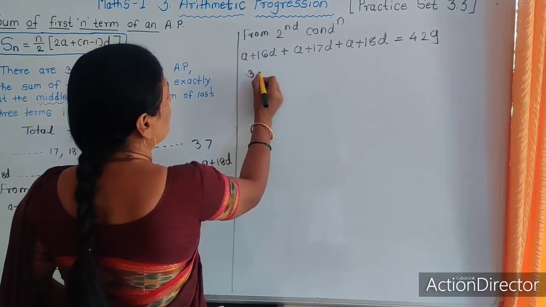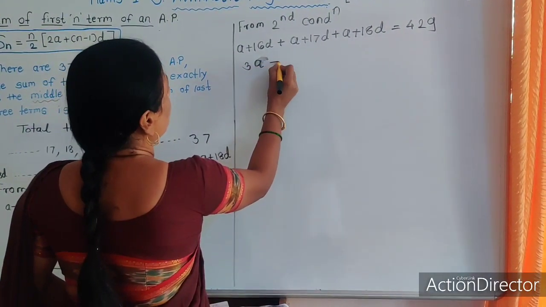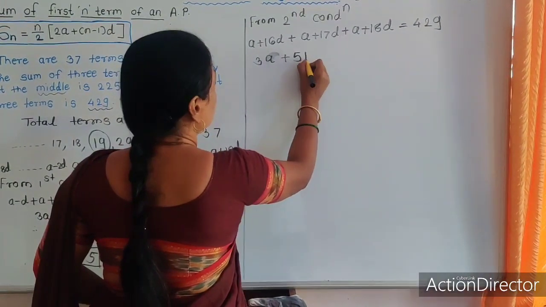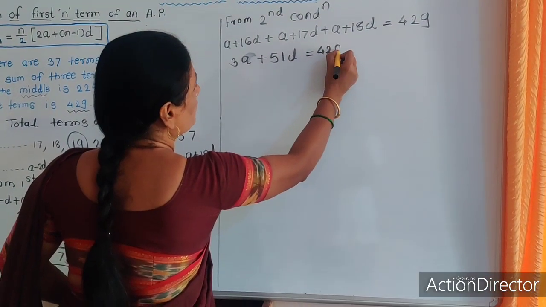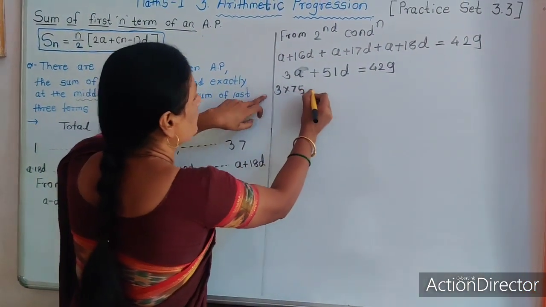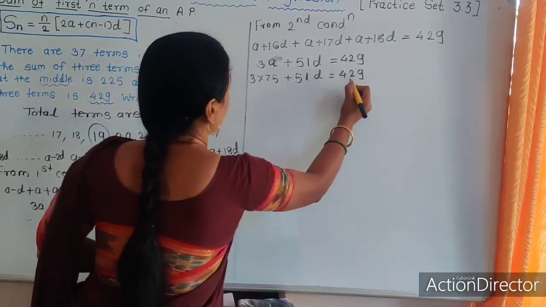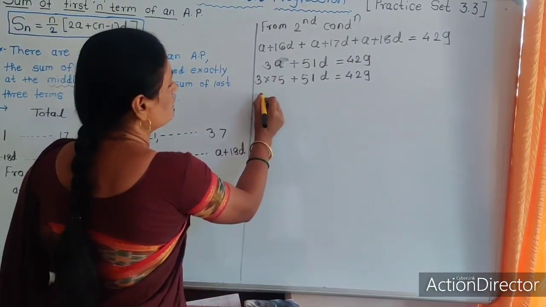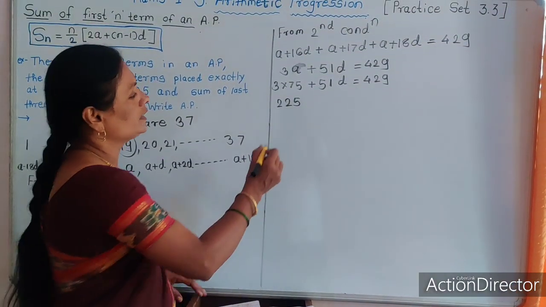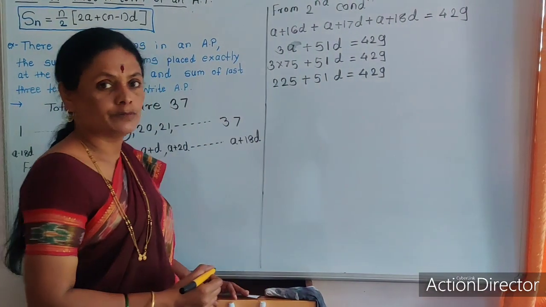How many A? 3A, but A is equal to 75. Here we write 3A plus 16D plus 17D plus 18D, which is 51D, is equal to 429. Put the value of A: 3 into 75 plus 51D is equal to 429. 3 into 75 is equal to 225, so 225 plus 51D is equal to 429.